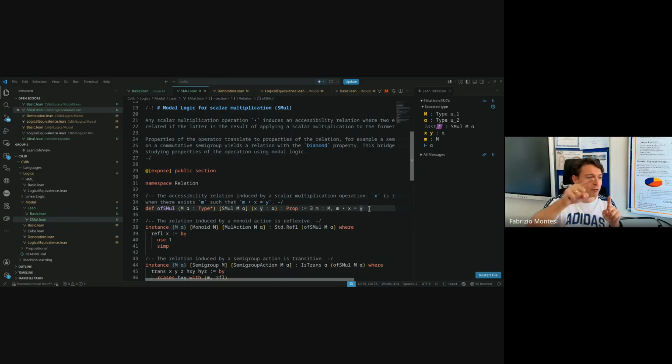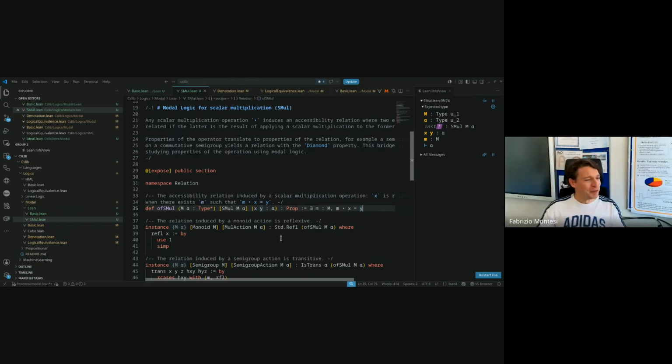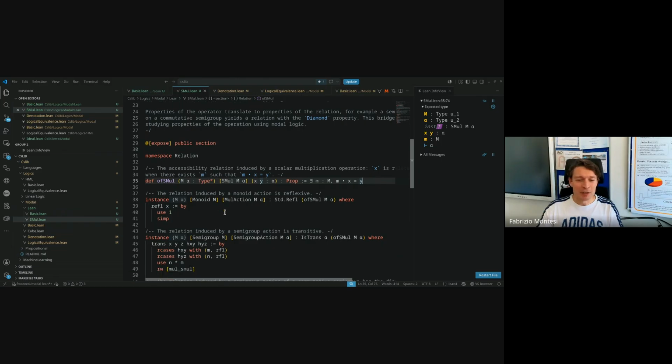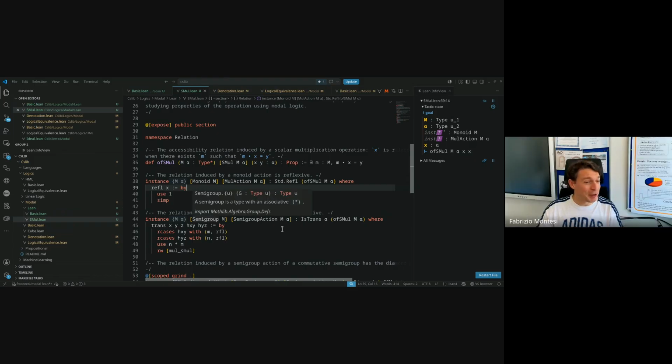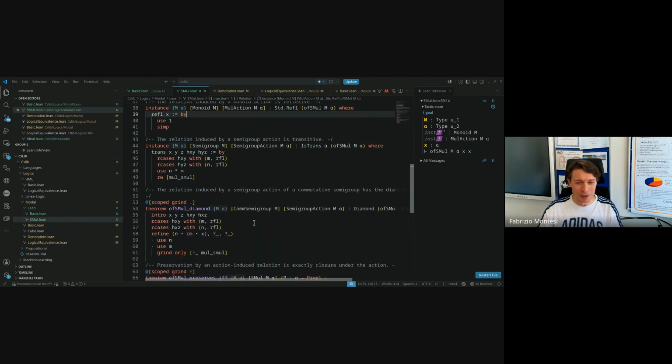So x goes to y if y is the result of multiplying x with something. If you started from a monoid action, I can prove that this relation is always reflexive. If you started from a semigroup, I can prove that this relation is always transitive. And if you started from a commutative semigroup, I can prove that this relation always has the diamond property, as we have defined in CSLib.